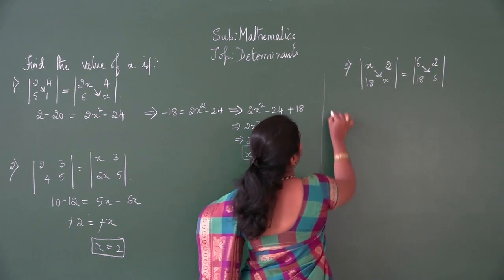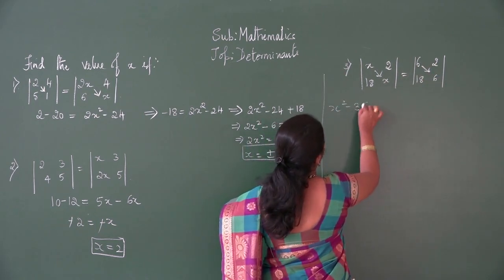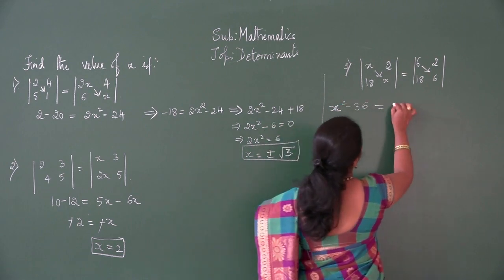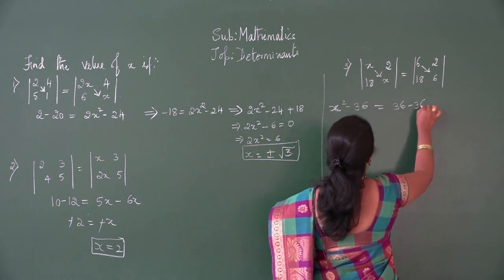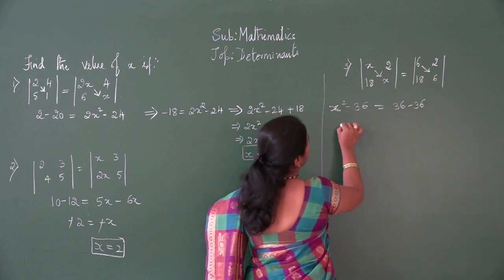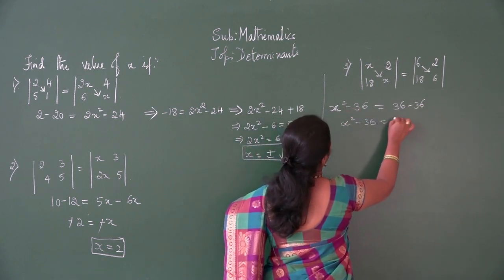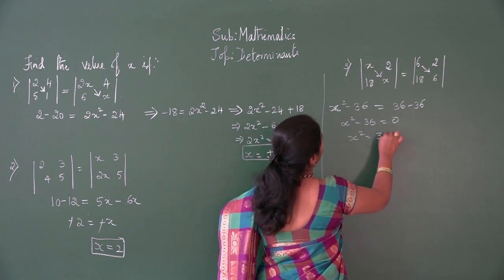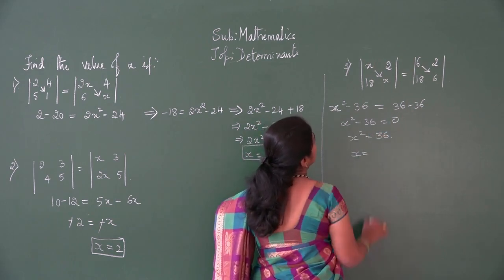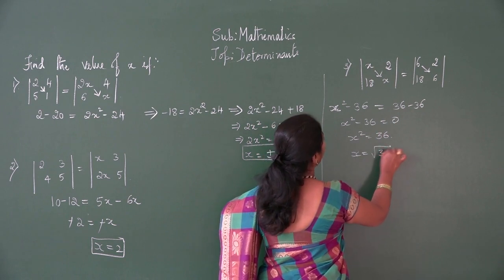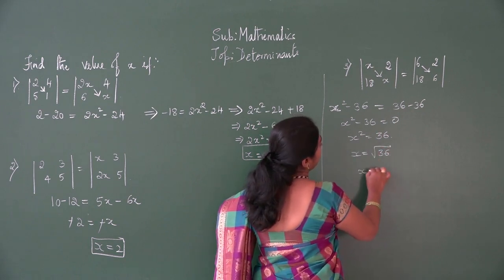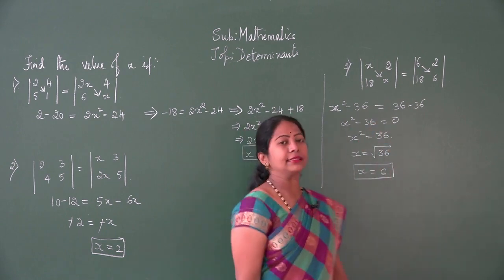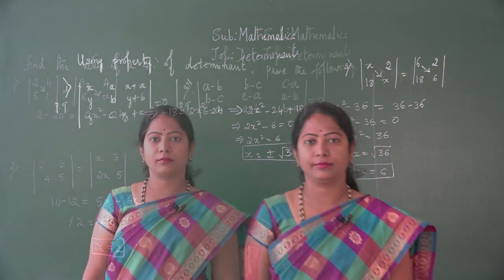This will sum up to x square minus 108, which is equal to 36 minus 108. Taking the constant to the RHS, x square is equal to 36. x is equal to square root of 36. It's a perfect square. x is equal to 6.